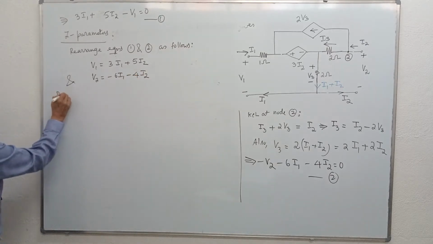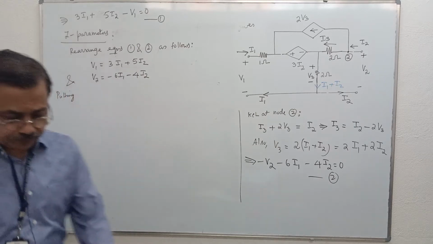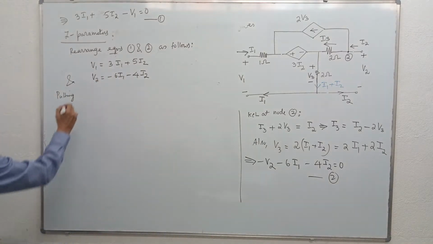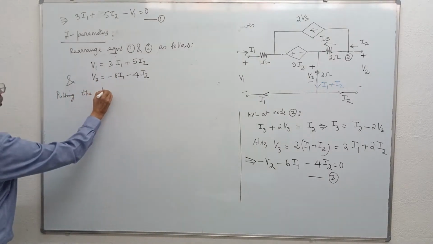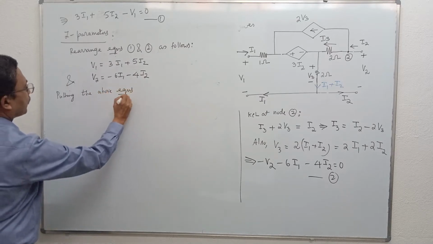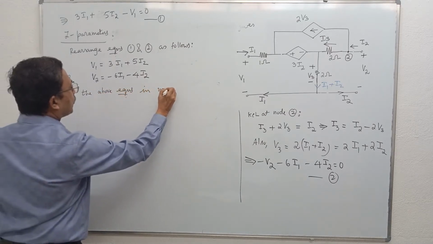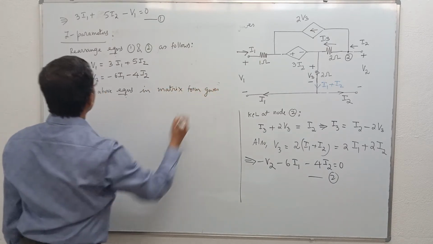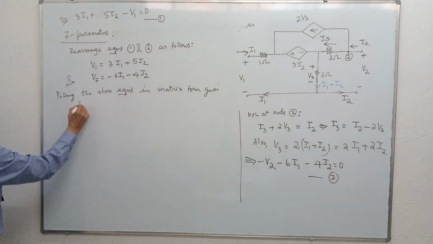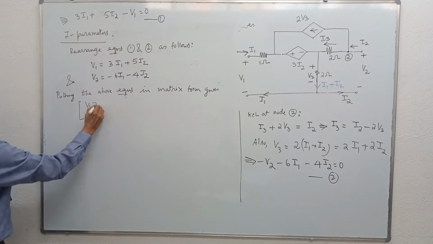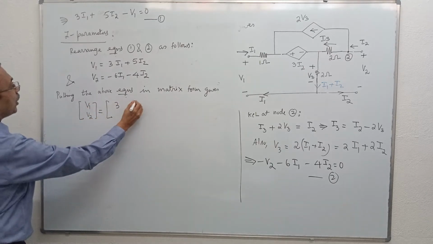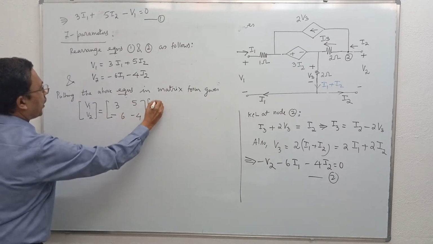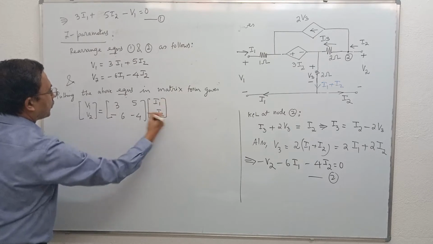Putting the above equations in matrix form gives column matrix V1 V2 is equal to square matrix 3 5 minus 6 minus 4 multiplied by column matrix I1 I2.